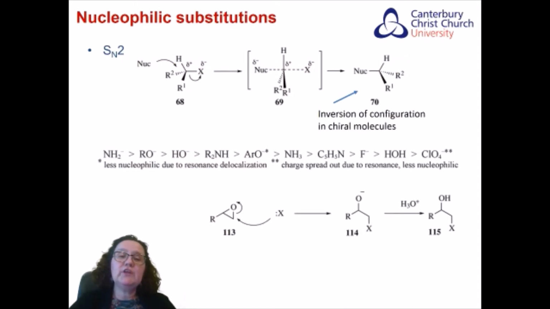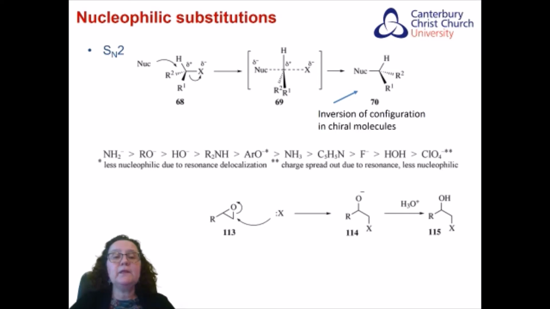So you can have two types of nucleophilic substitutions, and hopefully this sounds familiar from previous years, the second and first year modules. SN2, bimolecular nucleophilic substitution, and SN1, unimolecular nucleophilic substitution.